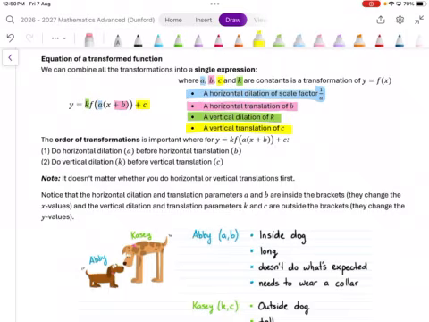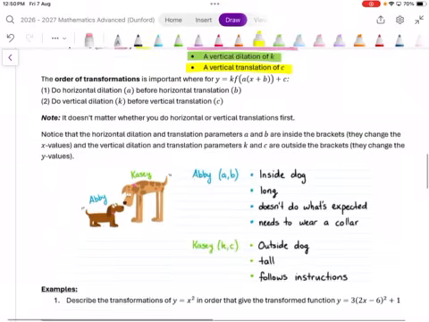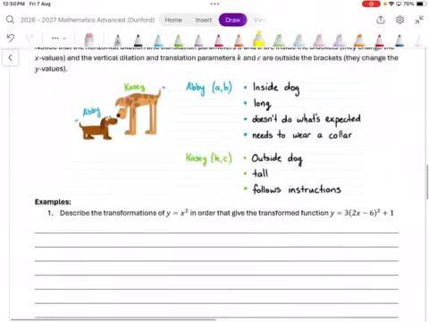So that means she has brackets around her. Whereas Casey is an outside dog, and Casey is tall because it affects the vertical, and Casey follows the instructions. So Casey does what it expects to do, because our k and our c do what they expect to do. Okay, so that's a little fun way that we can remember what's going on.